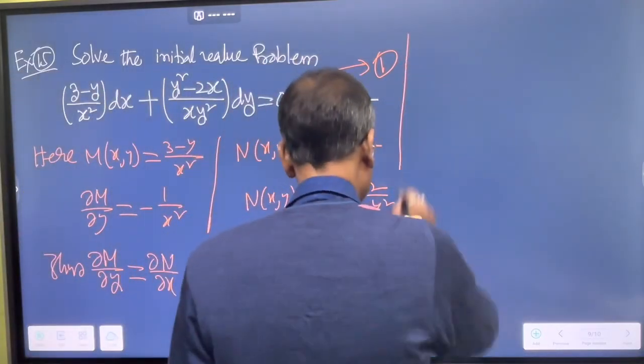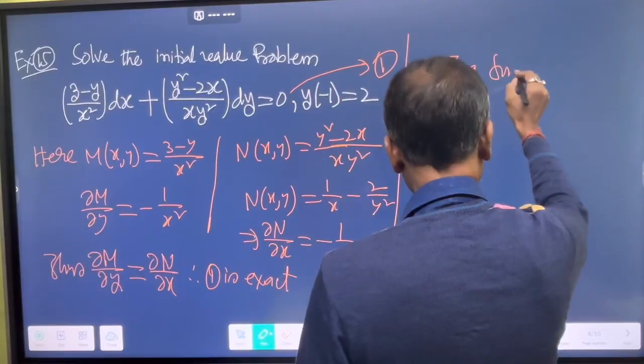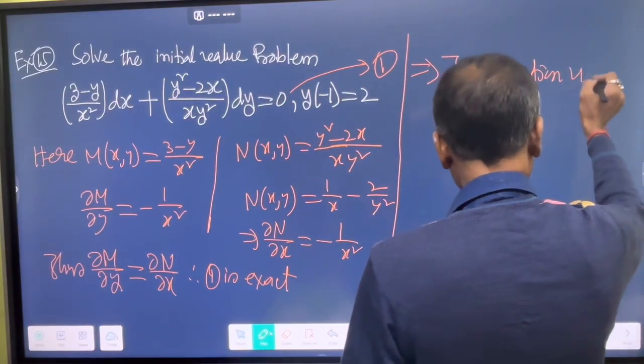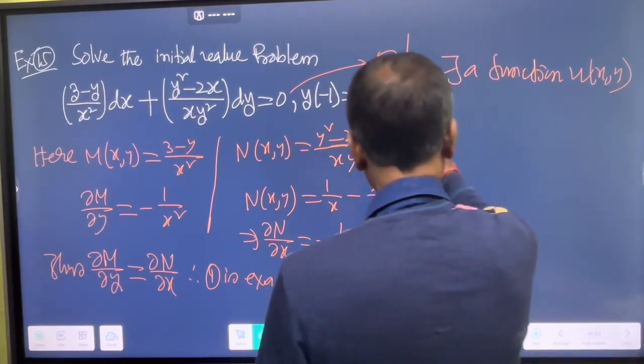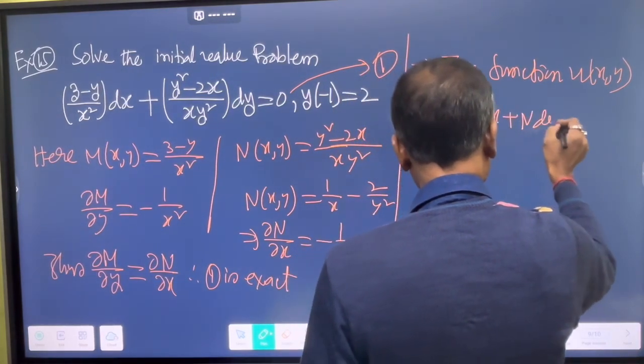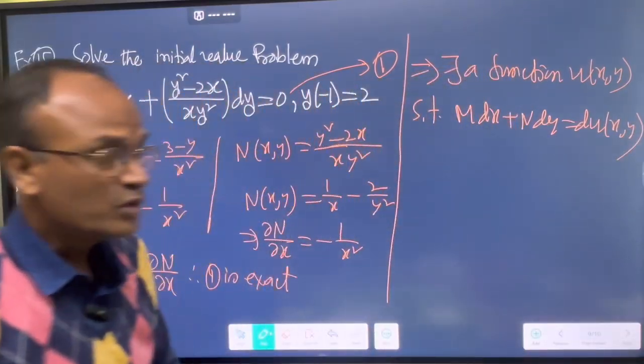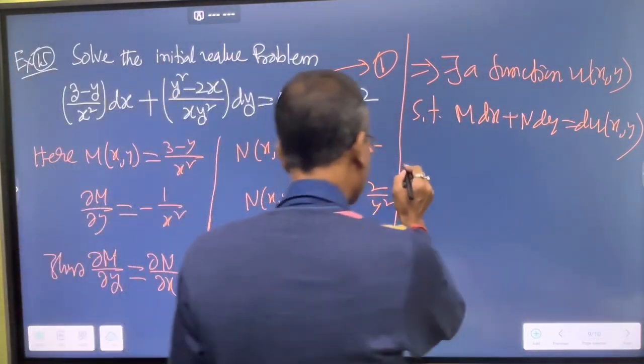This means that there exists a function u(x,y) such that M dx + N dy = du.